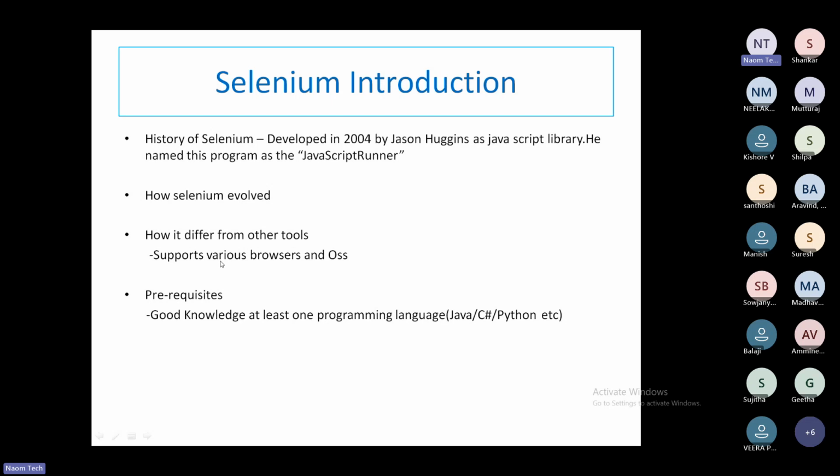You know very well, just now we had a quick discussion, it supports various browsers and operating systems. So that is one thing. And prerequisites. Prerequisites in the sense of a good idea about at least one programming language like Java, C Sharp, or Python. Even if you don't have an idea, no problem, because we do have Python sessions going on at the weekend, which help you get a better understanding of Python.